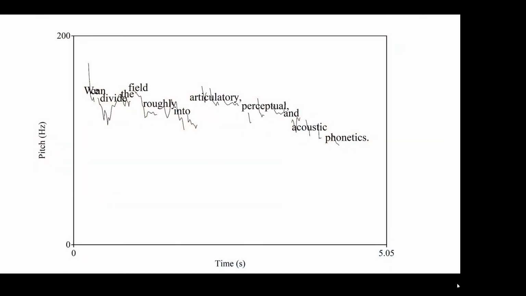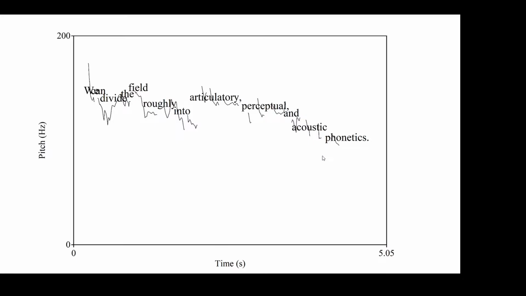So another function is discourse, so connecting things. I'm going to give a concrete illustration here. This is an instance of me reading. We divide the field roughly into articulatory, perceptual, and acoustic phonetics. And what you see here in this pitch track is that when we start the list, the pitch goes high. It still stays higher than it was for the middle element in the list.